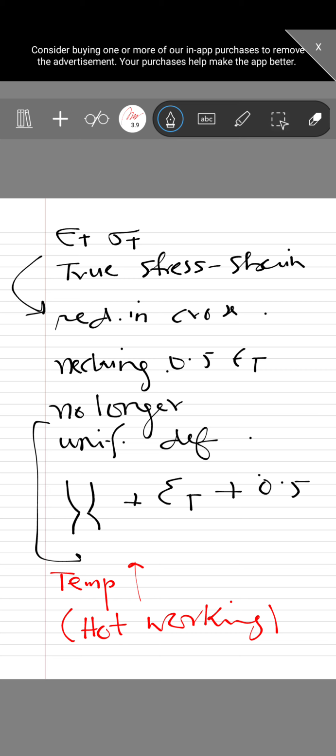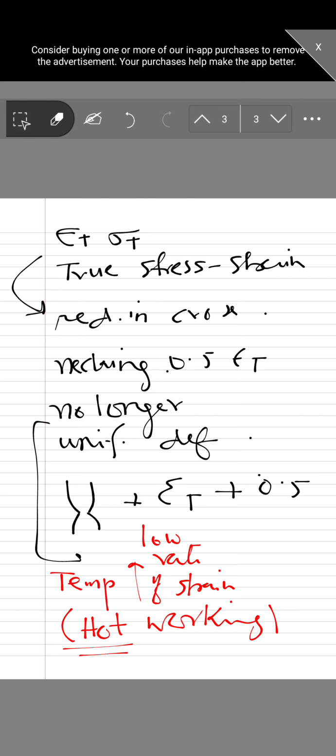Now in hot working, there is a low rate of strain hardening.